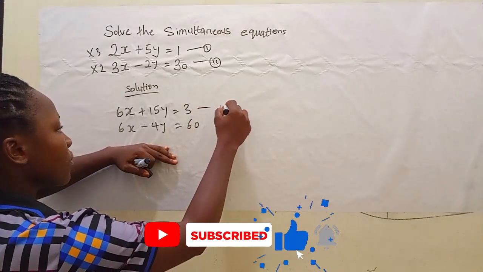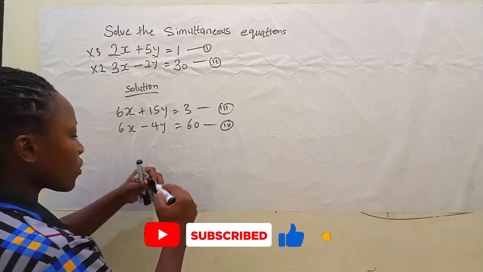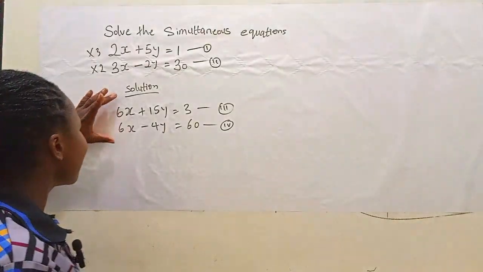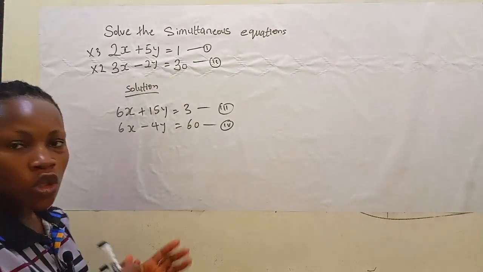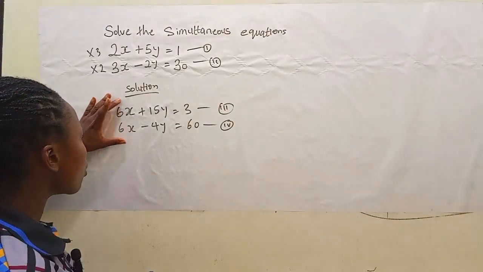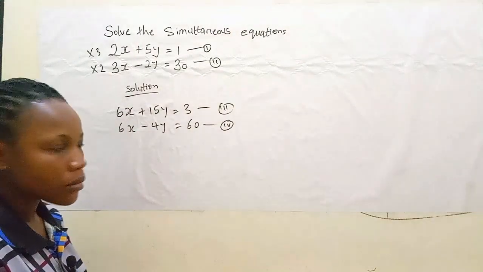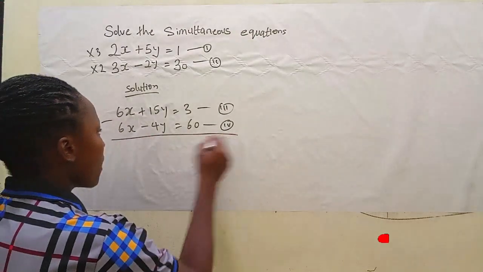Here equation 3, while here is our equation 4. Now, if you notice, once we subtract these two equations, we are going to eliminate x, right? So let's subtract it.